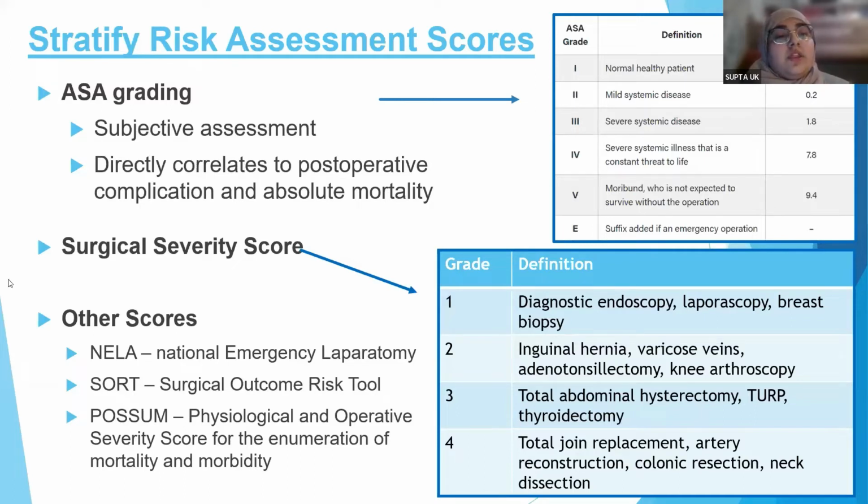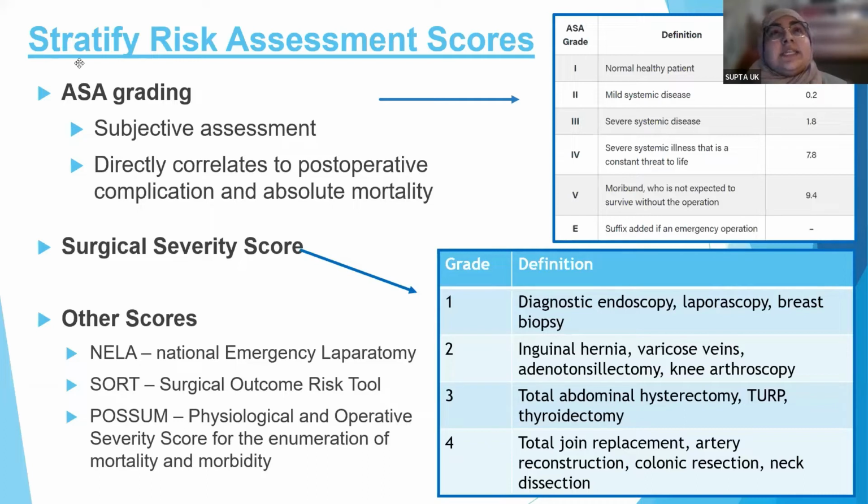And then there are other scores which are less often used, but they may be used depending on the clinician that you're with. A surgical severity score can also be used, and that's essentially used to grade the need and the urgency for a surgery quite objectively.